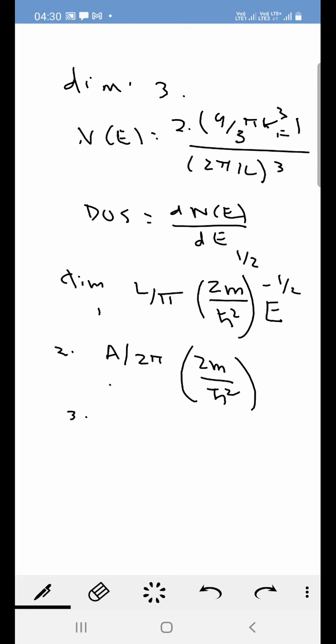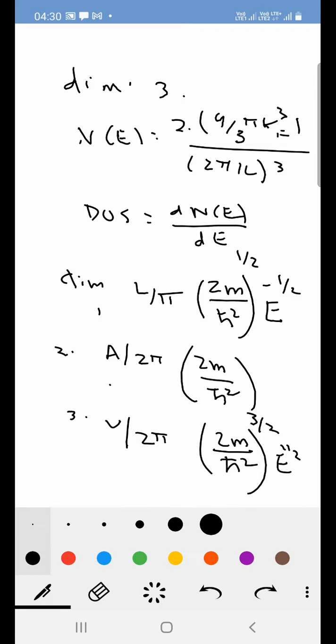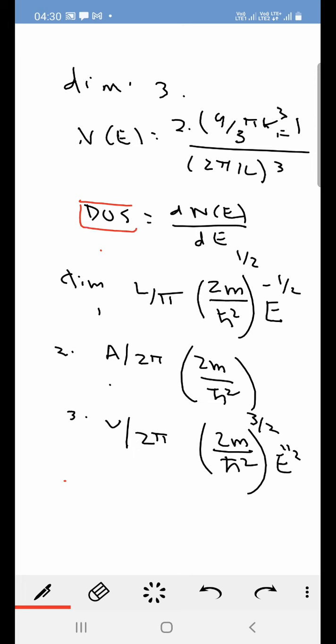And the third one is V by 2 pi square into (2m by h cross square) to the power 3 by 2 into E to the power half. So these are the 3 density of states for the 3 dimensions.